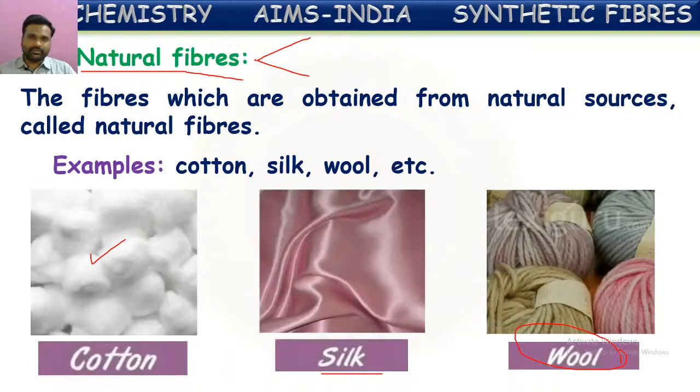Coir is obtained from the coconut shell, so this is also one of the plant fibers. In this way, natural fibers are the fibers obtained from natural resources like cotton, silk, wool. These natural fibers are again classified into two categories: plant fiber and animal fiber.